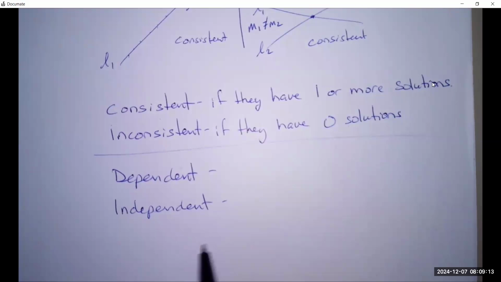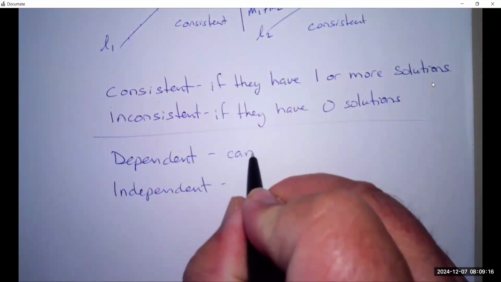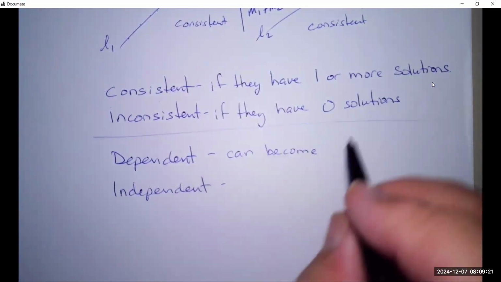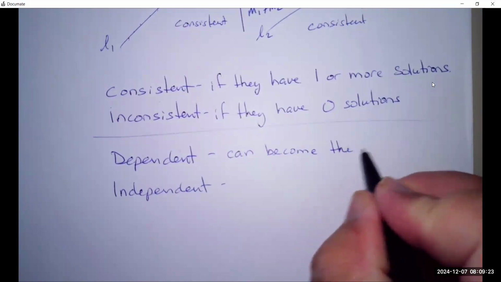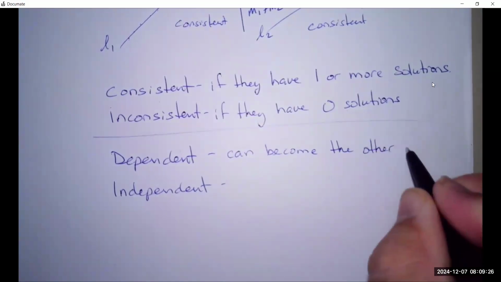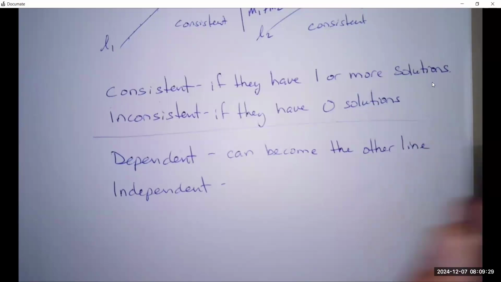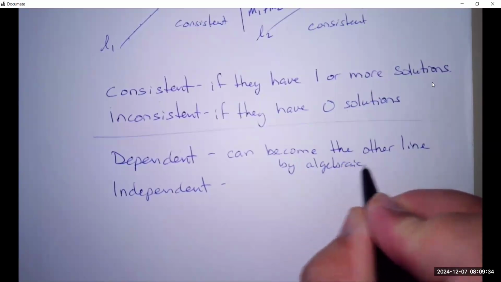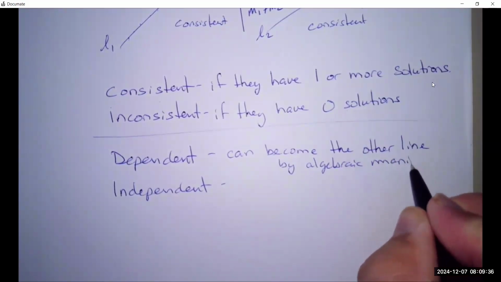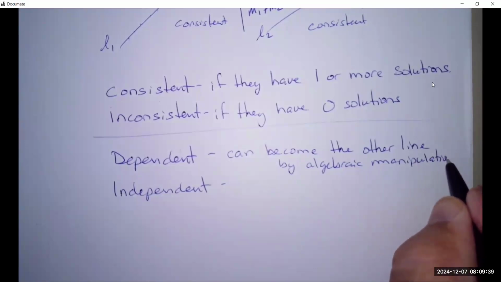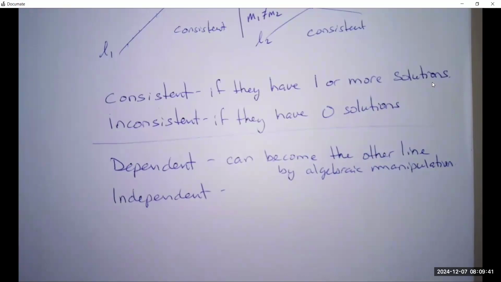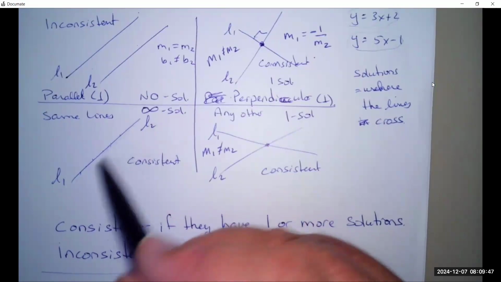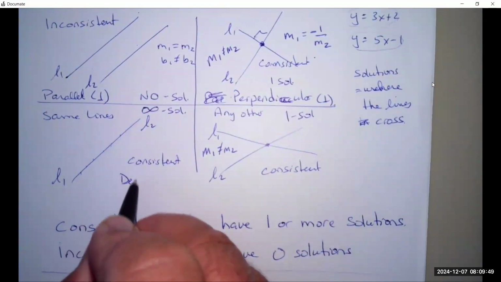So dependent lines are lines that can become the other line by algebraic manipulations. So in other words, like this one here, the same lines are dependent.